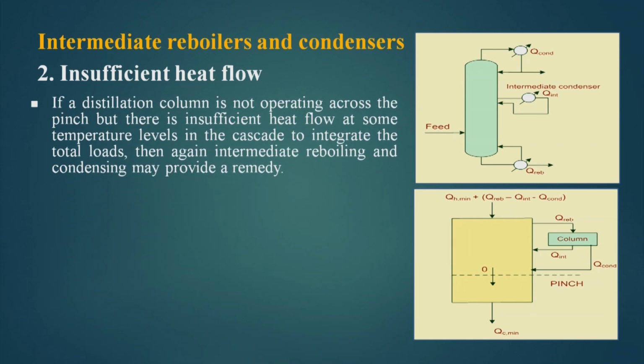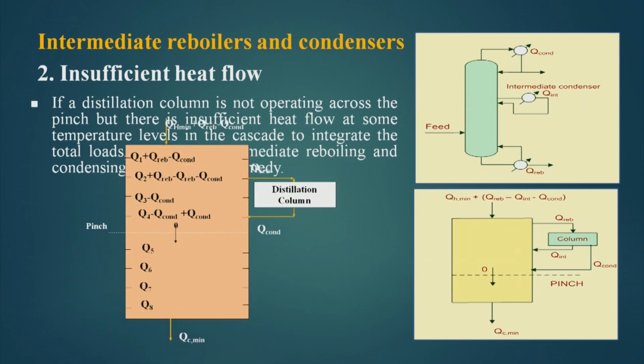Now, if there is insufficient heat flow, that we have seen, like here I will show you the picture. The condition is that Q 3 should be more than Q condenser, and here the Q 2 should be more than Q condenser when I am integrating above the pinch.